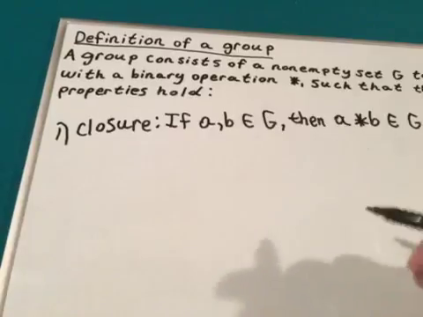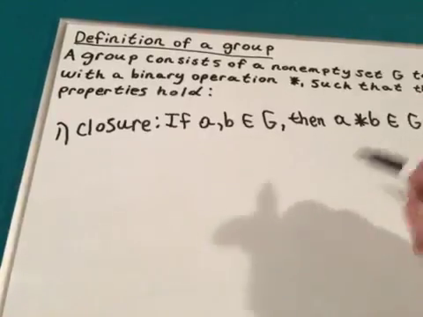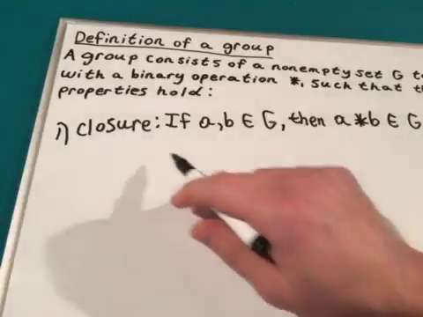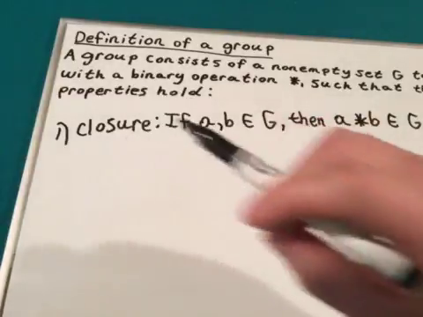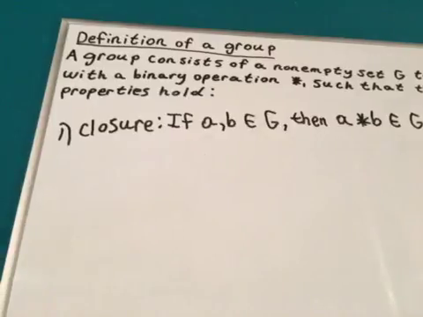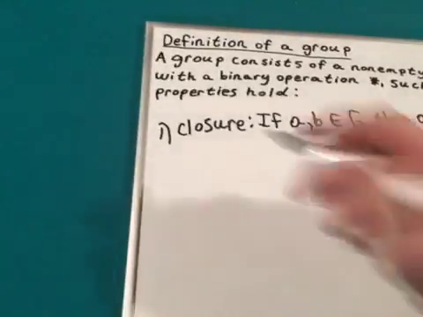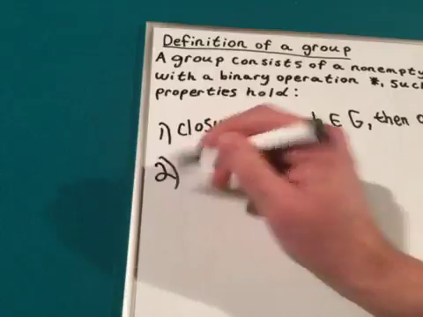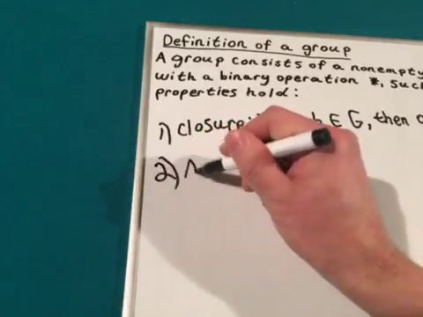Always. You're never going to get some fraction. So we're saying that the set is closed under addition. That's the first property that has to hold for this to be a group. I'm going to have 4 properties, and that's the first one.